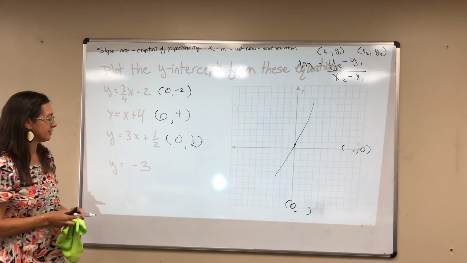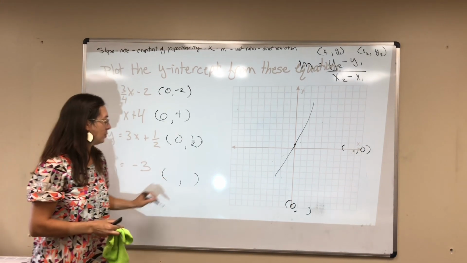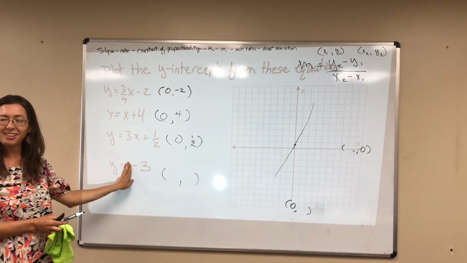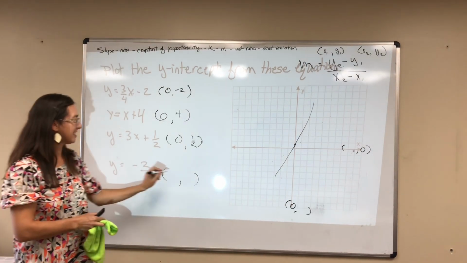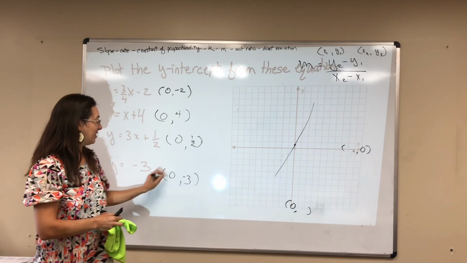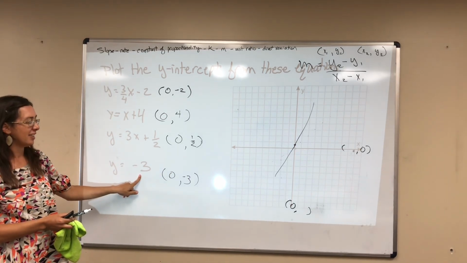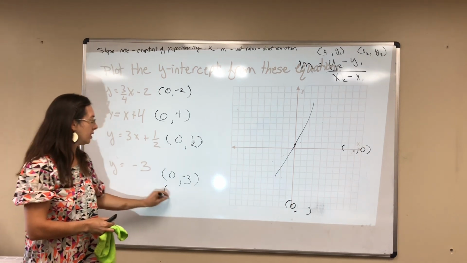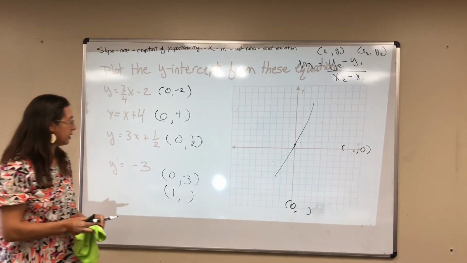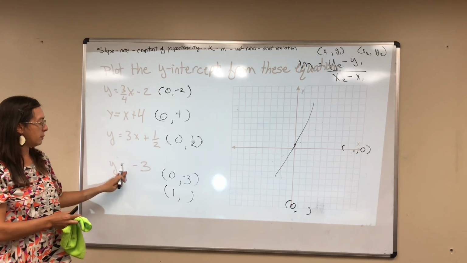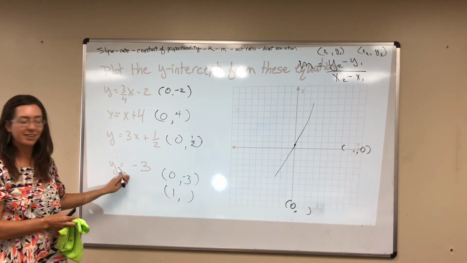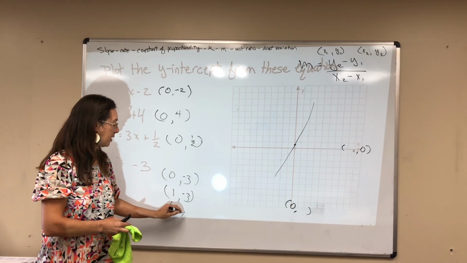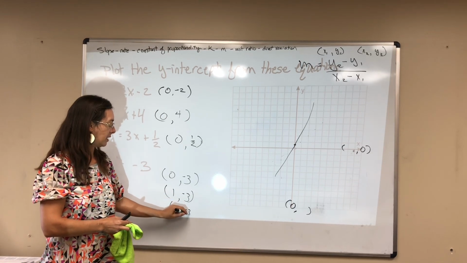This one: my y-intercept, when x equals 0, y equals -3. Now, when x equals 1, y also equals -3, because I don't have an x value to plug in. When x equals -10, y equals -3.